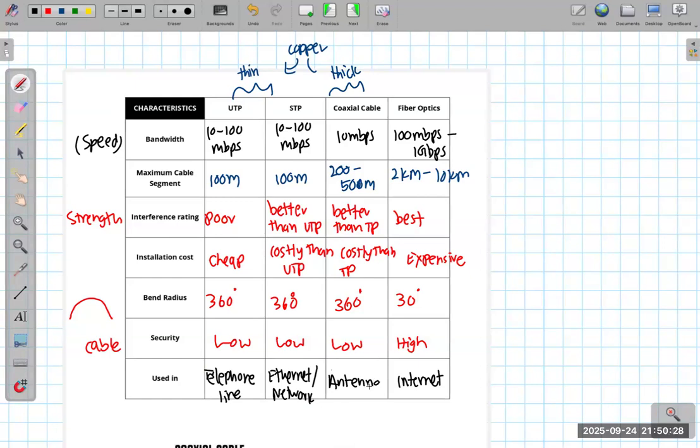All of these use electricity to transmit data. This one uses light for transmission. I'll show you the cable in a while.